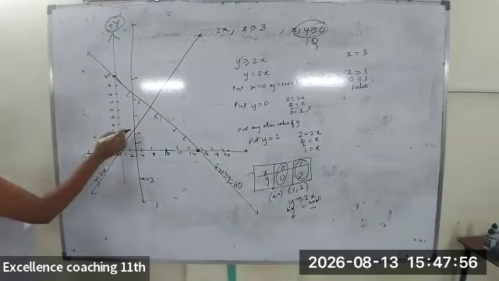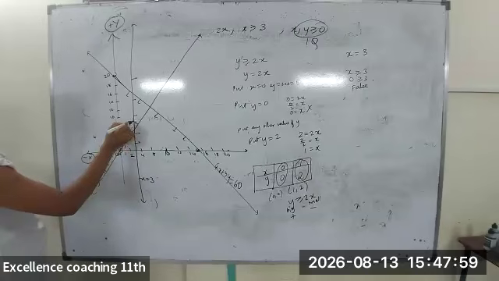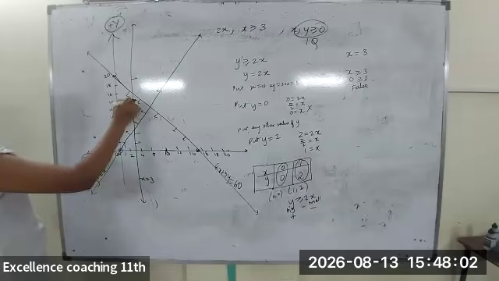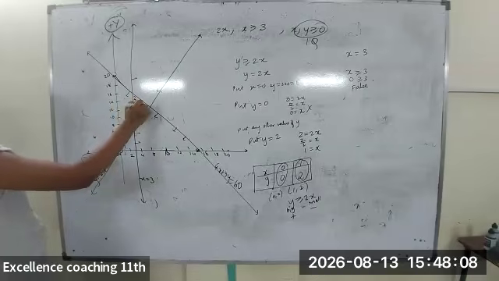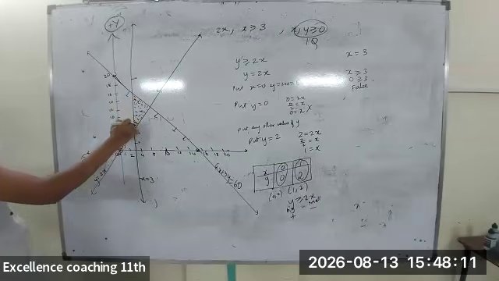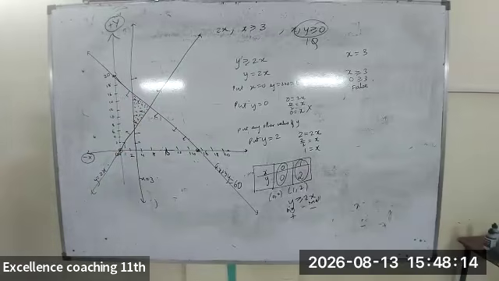This region. If we had taken a gap of 5, that would become too small to shade outward. Yeah, correct, no? Correct.